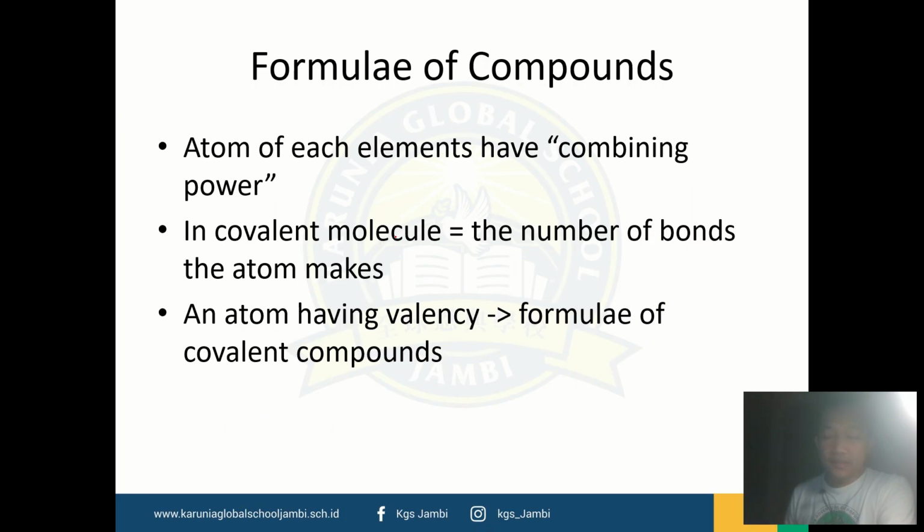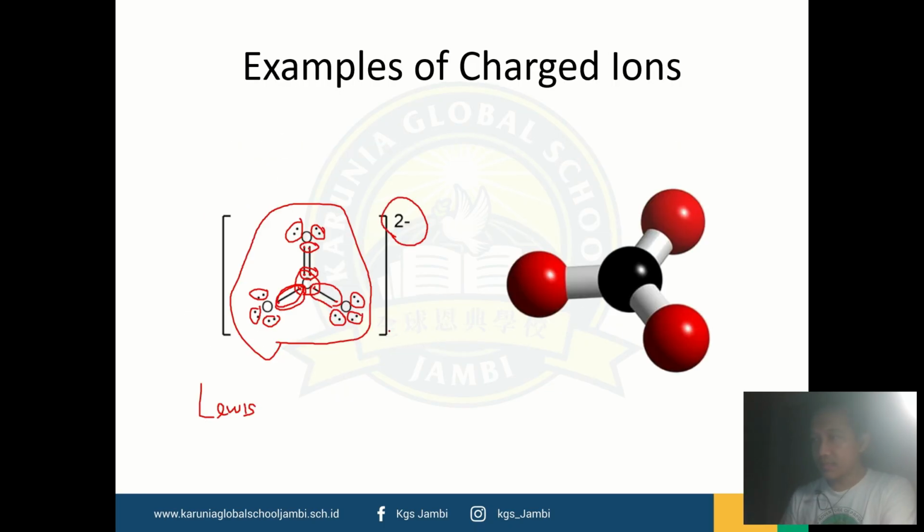Okay, first of all, we see that the atom of each element has its own combining power, and this combining power depends on how many electrons on the shell can create covalent bonds.